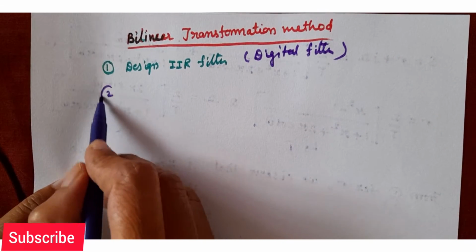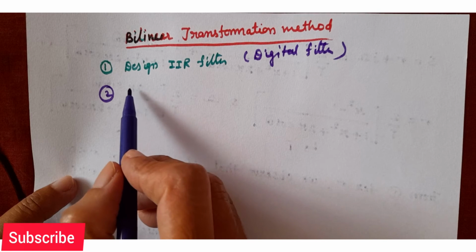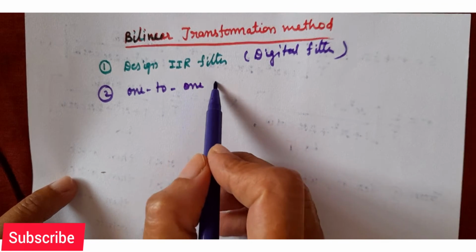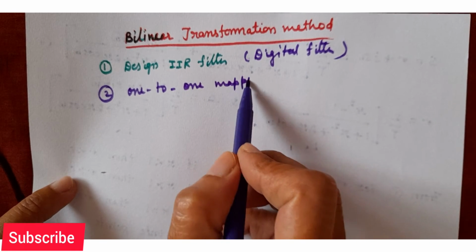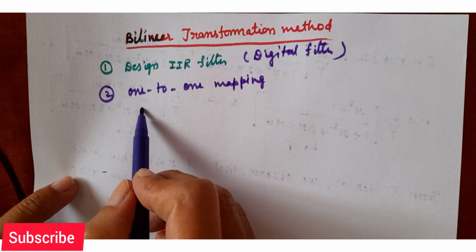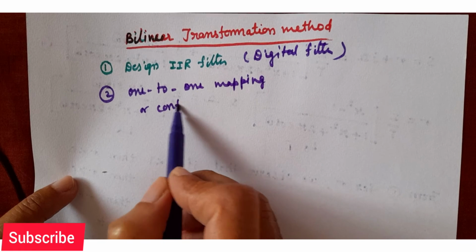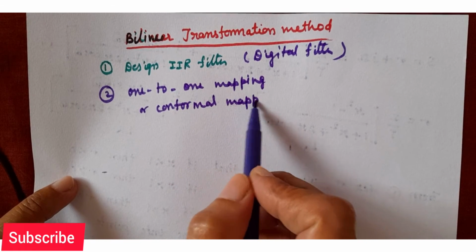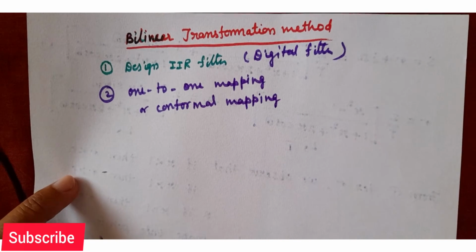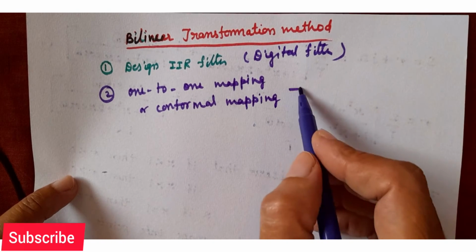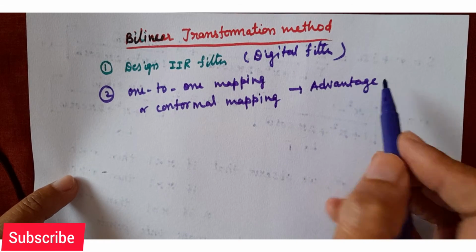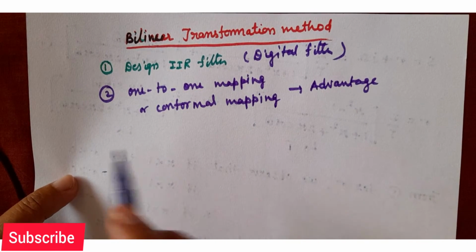The advantage of bilinear transformation is its one-to-one mapping, also known as conformal mapping. It's an advantage of bilinear transformation.